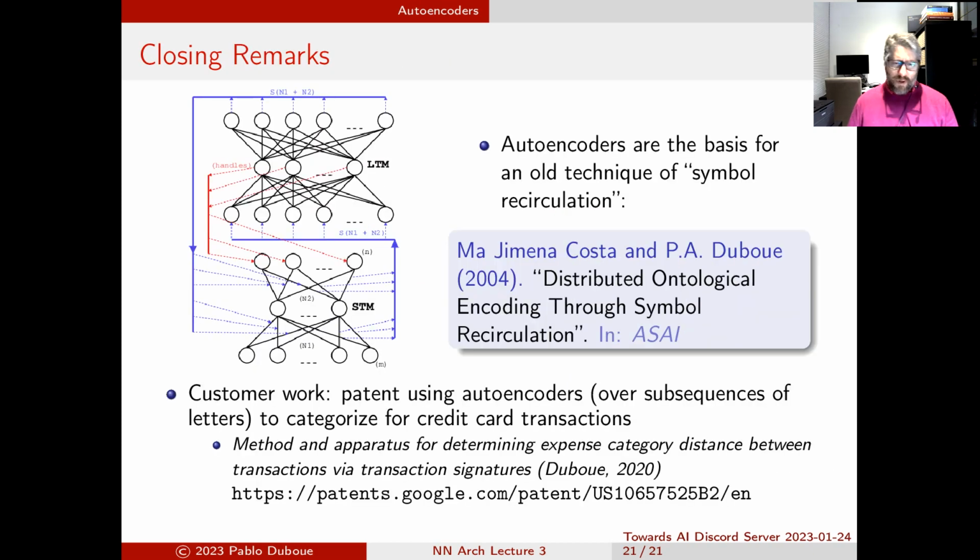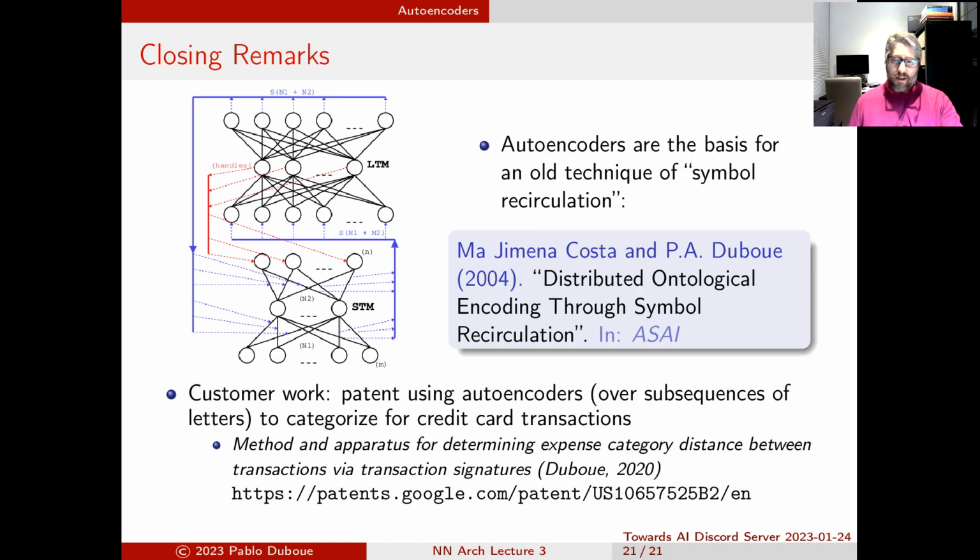Okay, so some closing remarks. There is a very old technique from the late 80s called symbol recirculation, and I did like it quite a bit when I learned it. And I directed an undergraduate thesis final project that ended up in a paper in 2004 on distributed ontological coding through symbol recirculation.